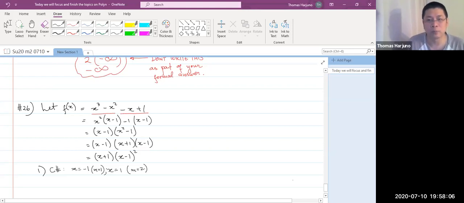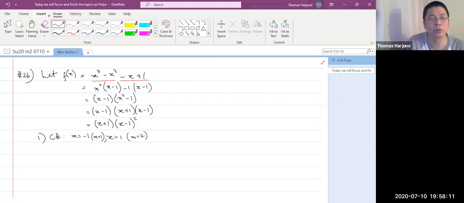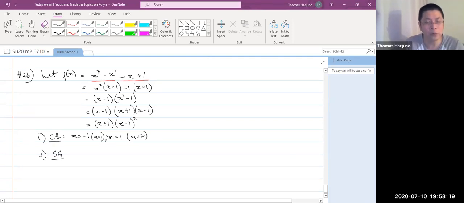And then step 2, sign graph. Remember I taught you the 3 steps to solve a nonlinear inequality. I taught you those 3 steps because the first 2 steps are being used here. So we have -1 as a 0, 1 also a 0.